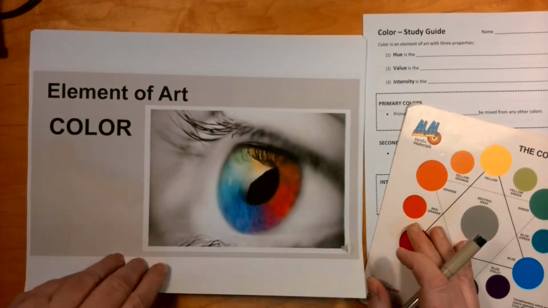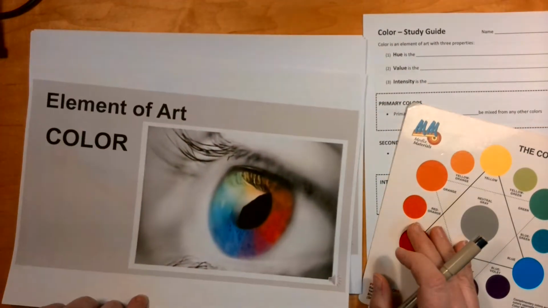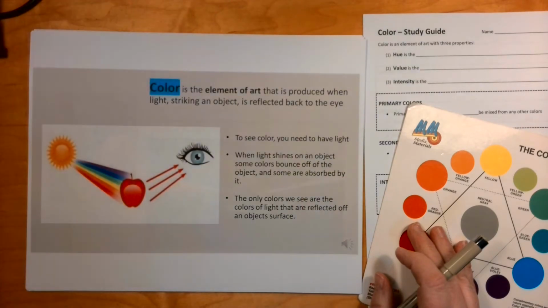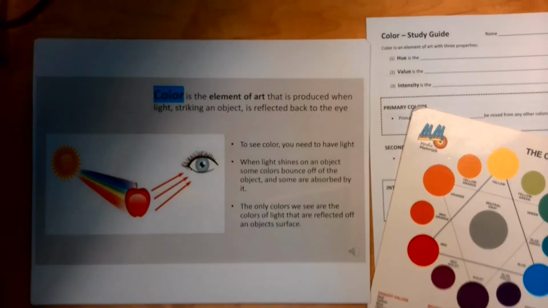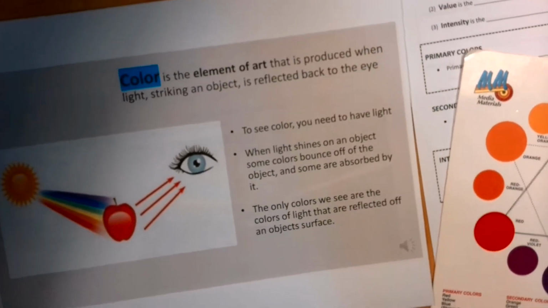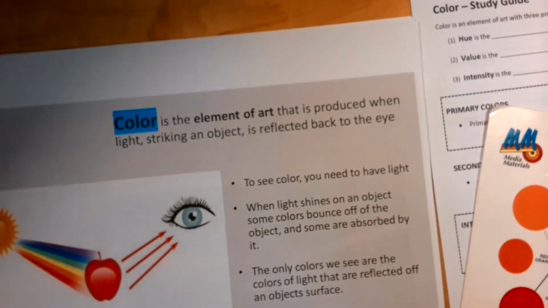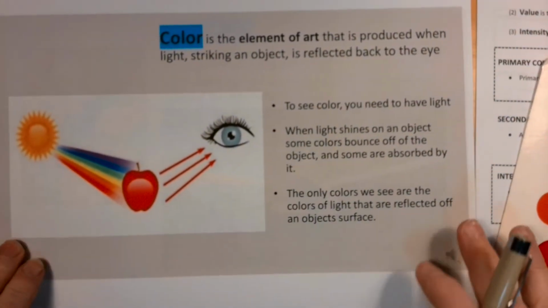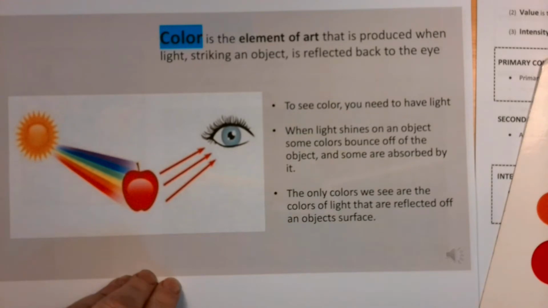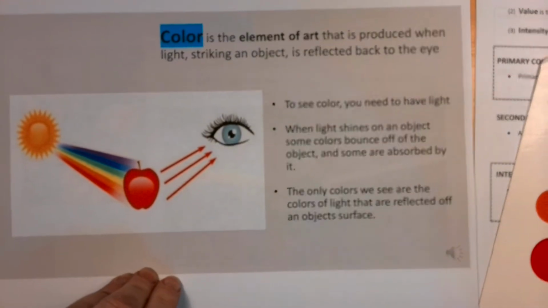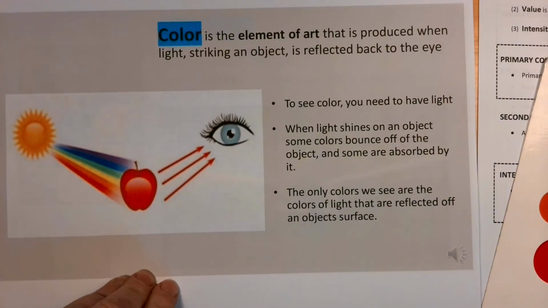So the element of art we're going to talk about today is color. Color is the element of art that is produced when light striking an object is reflected back to the eye. To see color, you need to have light.